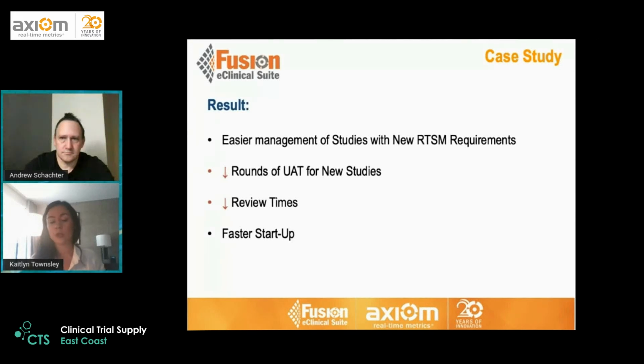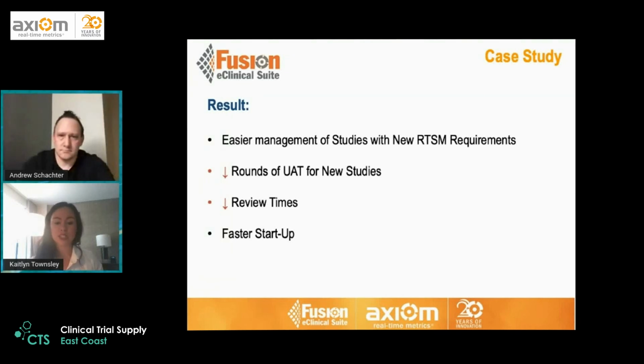So what happened? Because of our standards, what we found is that the sponsor had a much easier management of studies with new RTSM requirements. We found that there were decreased rounds of UAT for new studies. This was so critical for this client. In their initial UATs for their projects, they required their IT team to be involved, their QA team, their clinical team, and their RTSM team on their side.